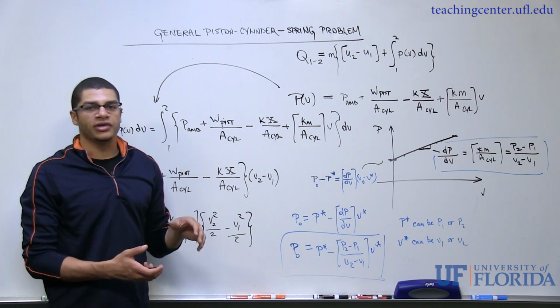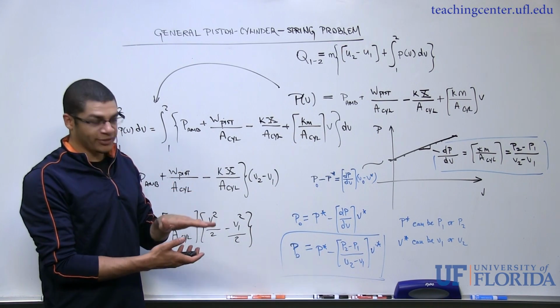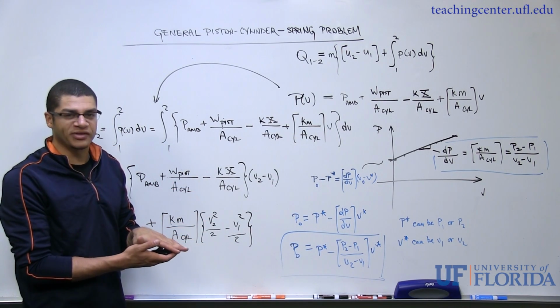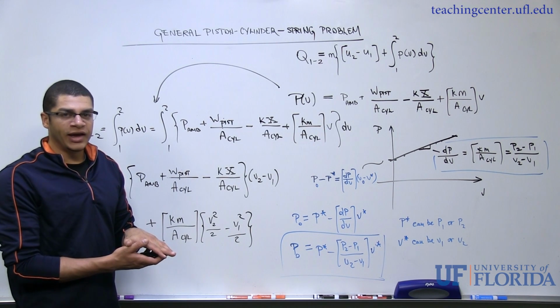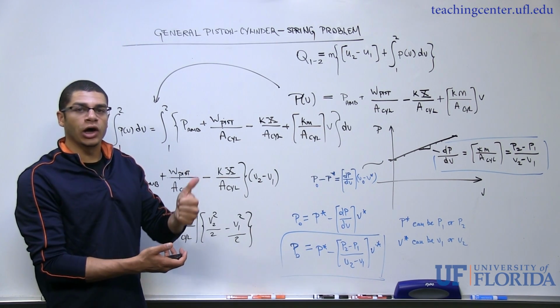So the way I had drawn the diagram before, if v goes to 0, then x would go down to 0, and the piston would be sitting at the bottom of the cylinder. And the spring would be in quite a bit of tension, so it's pulling up.